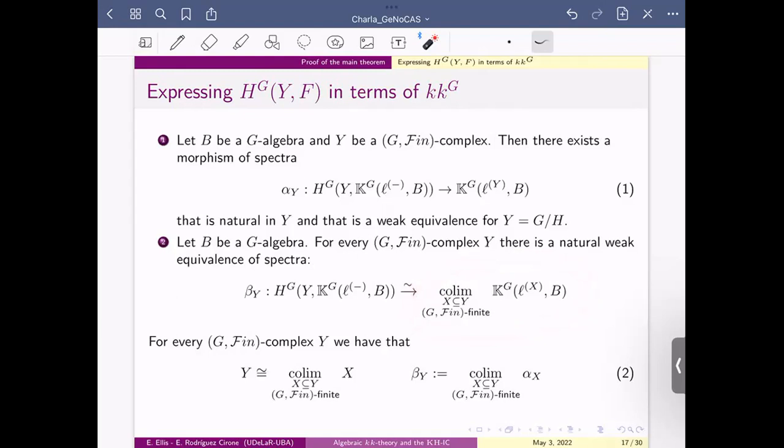Then for every G-finite complex, we can write this complex as the colimit of its finite subcomplexes.